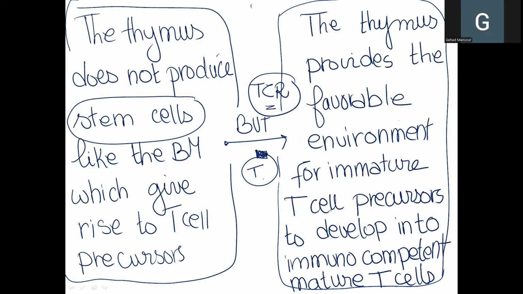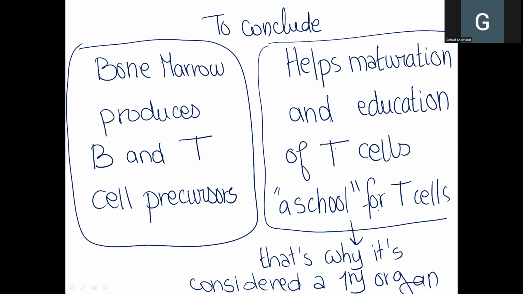Only the thymus is capable of providing this favorable environment for those genes to be expressed, for the TCR molecule to be formed on the surface of the T lymphocyte, and for the immature, naive T cell precursors to develop into mature and immunocompetent cells.